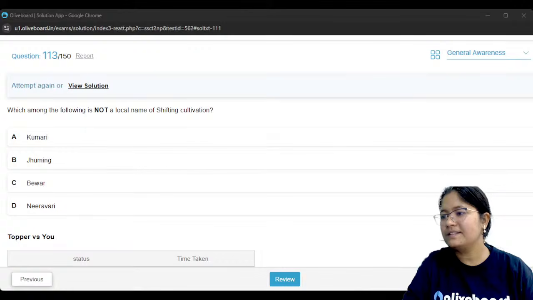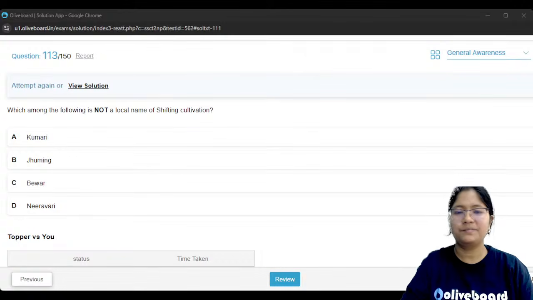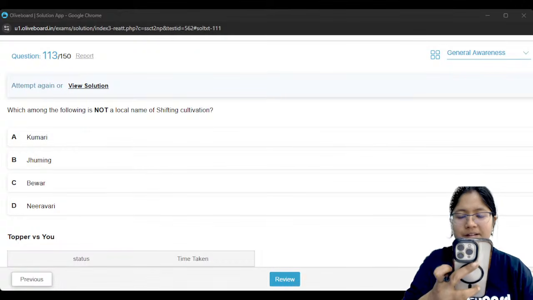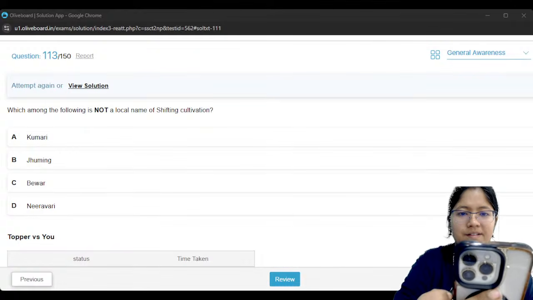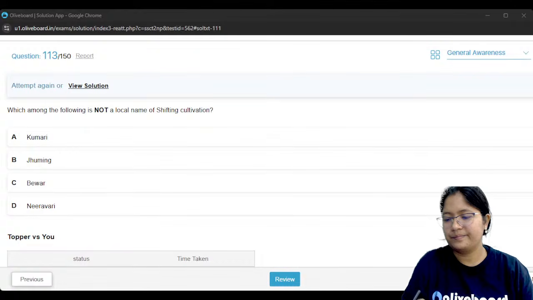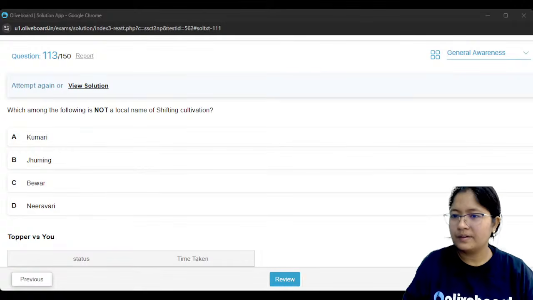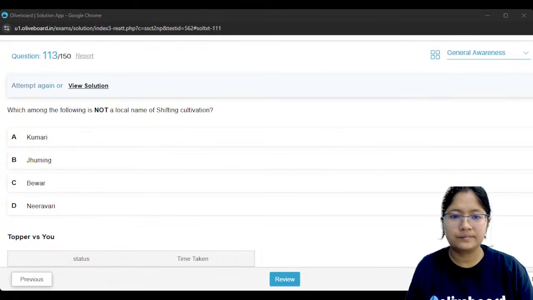I am writing these things since the beginning and it is visible on my screen, but it is not visible on your screen, the pen marks. All right. Let me check one more thing.